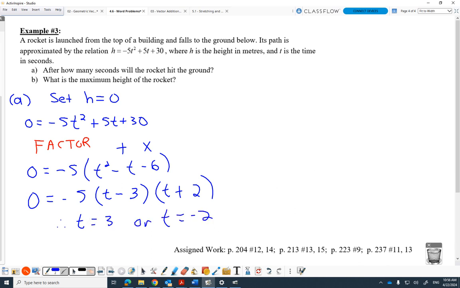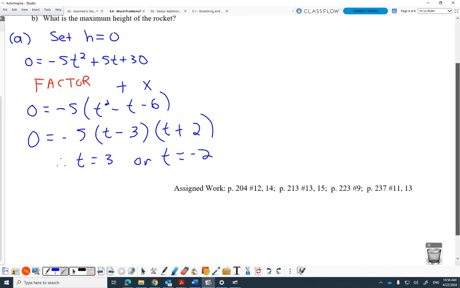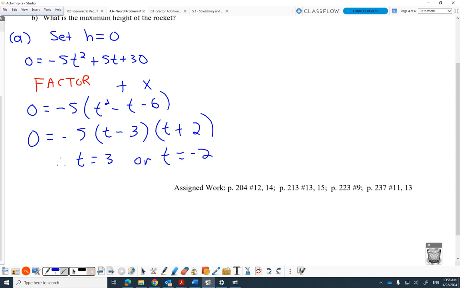That one's less upsetting because you don't have to do any work. You just look and go, what numbers make these factors 0? But what's my sentence then? When does it hit the ground? At t equals 3. This -2 is mysterious, but that's when the model rocket would have hit if we went backwards, when it got off the ground.